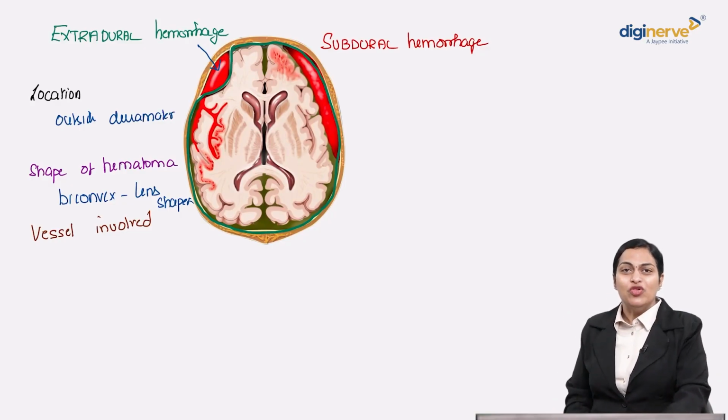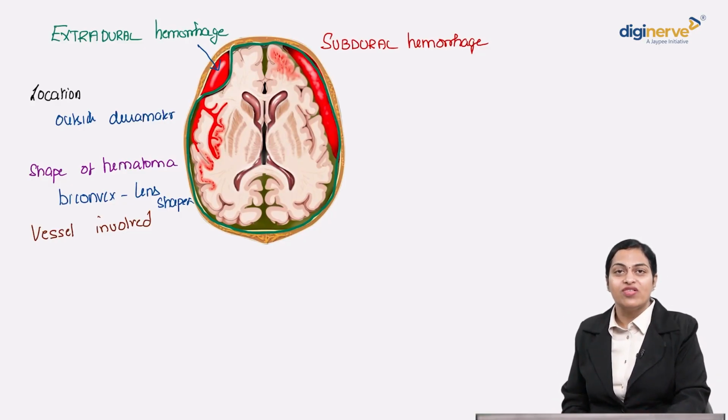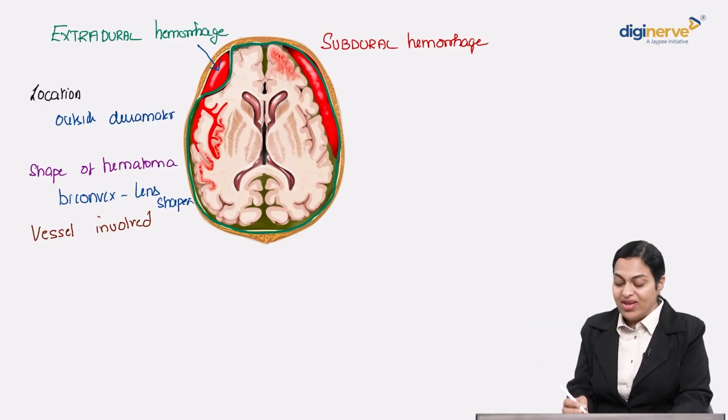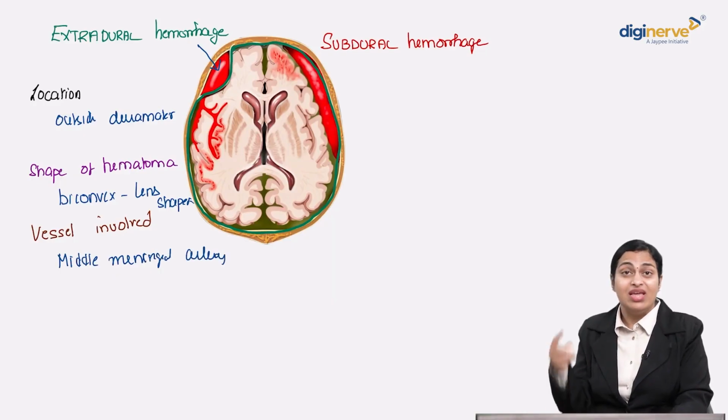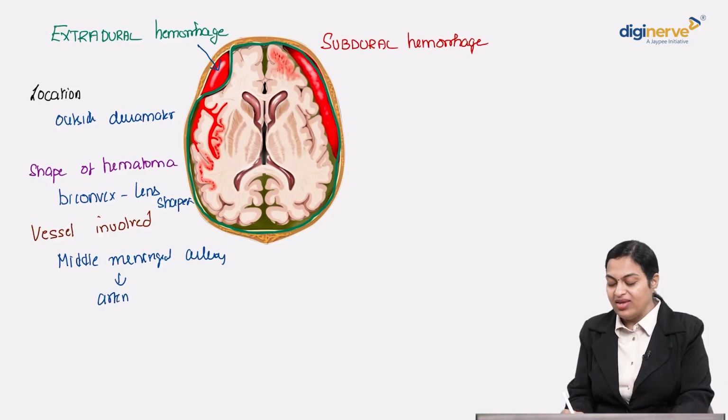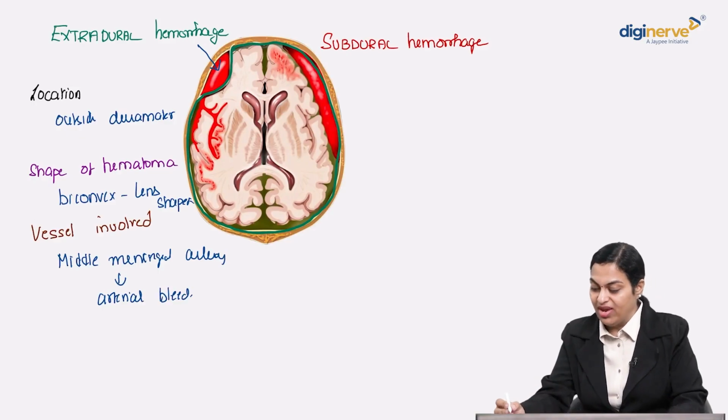And rupture of which vessel causes this extradural hemorrhage? Any idea? It's the middle meningeal artery, right? The rupture of the middle meningeal artery related to the pterion. Yes, so it's going to be an arterial bleed in case of extradural hemorrhage.